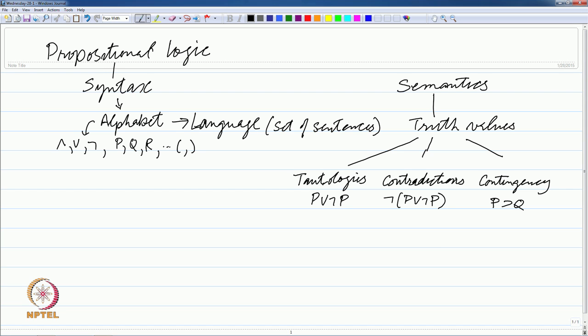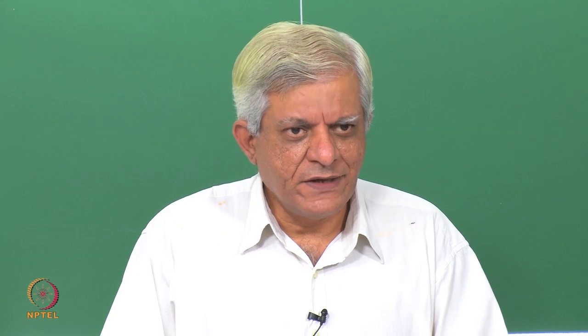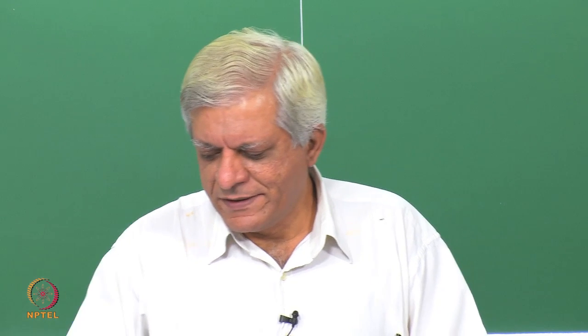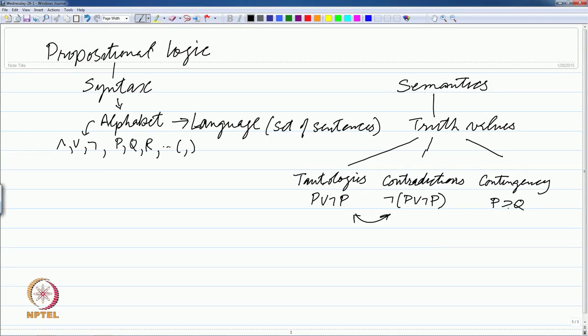We would be more interested in tautologies and contradictions, because we are interested in proof systems. We want to show that whenever certain formulas are always true, we have a way of reaching those formulas. When you talk about contingencies, we essentially talk of satisfiability.